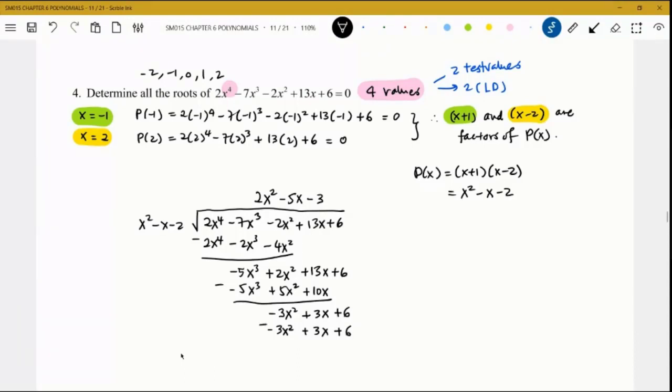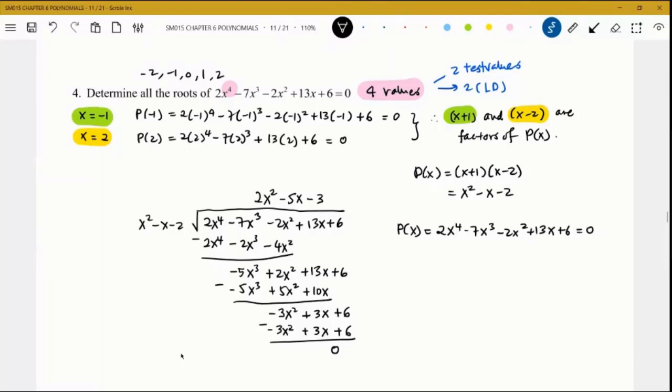So minus, we get balance 0. Sebab kita dah mention dia adalah factors. Remainder mesti kosong. Okay, so we can have it, your Px original adalah 2x4 minus 7x cubed minus 2x square plus 13x plus 6 equal with 0.